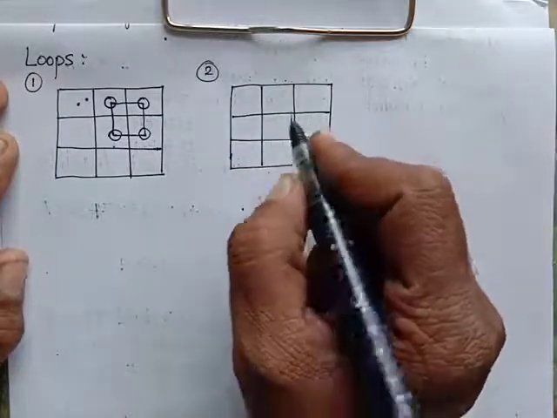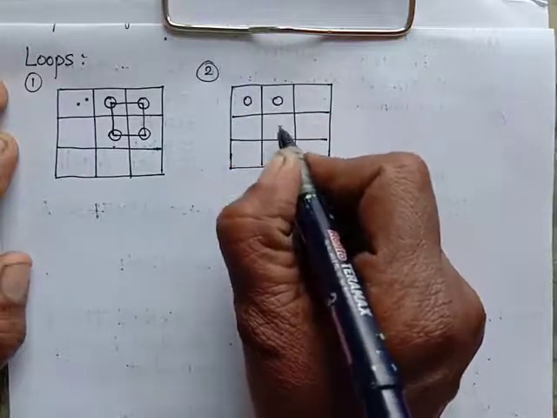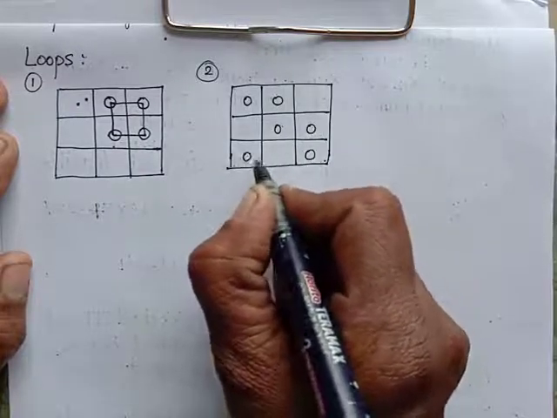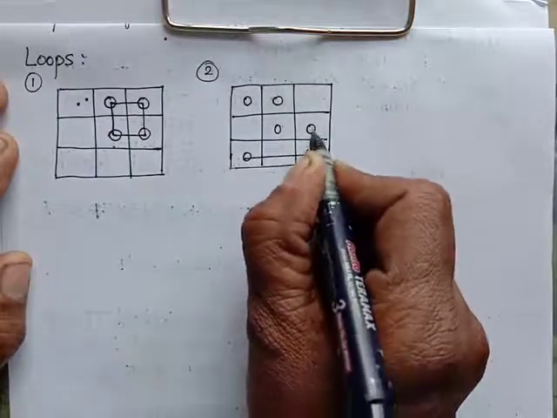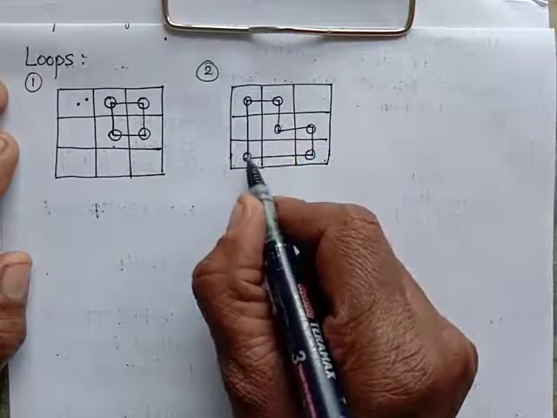Now suppose the allocations are here. Suppose the allocations are as such, then we can form such a loop in between them.